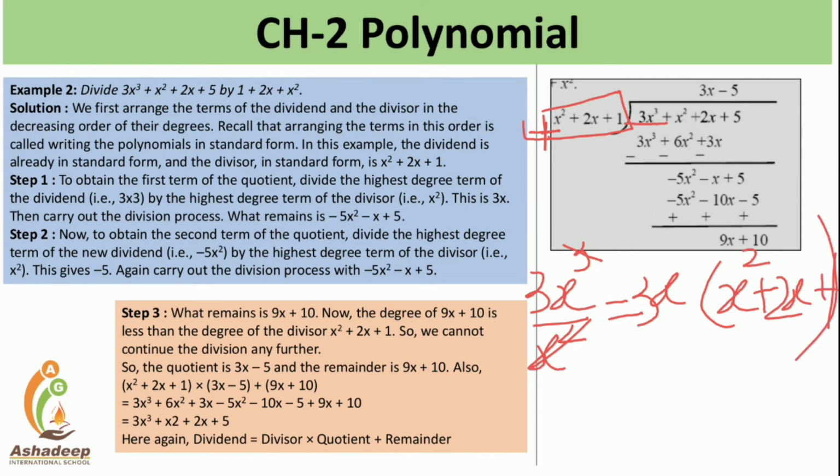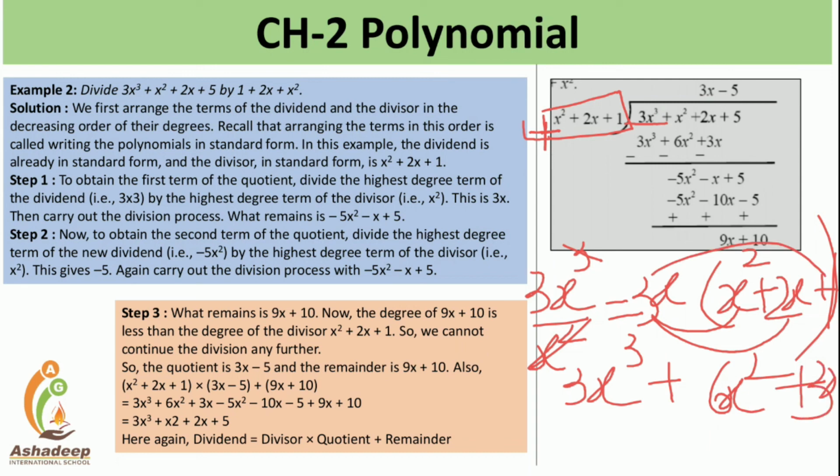Now we need to multiply 3x into x square, so it's 3x cube. 3x into 2x, so it's plus 6x square, and 3x into 1, it's plus 3x, right?